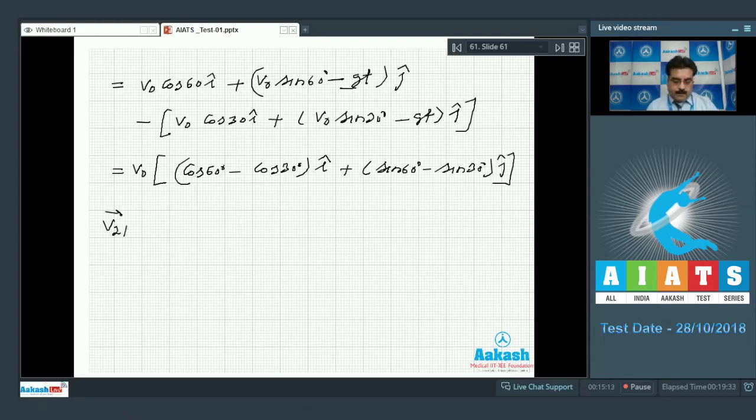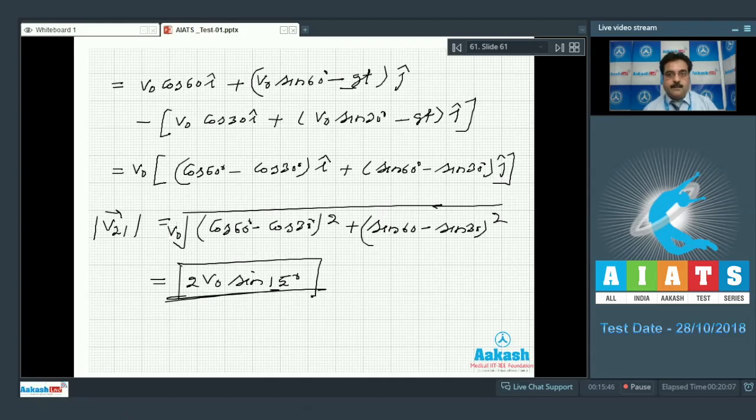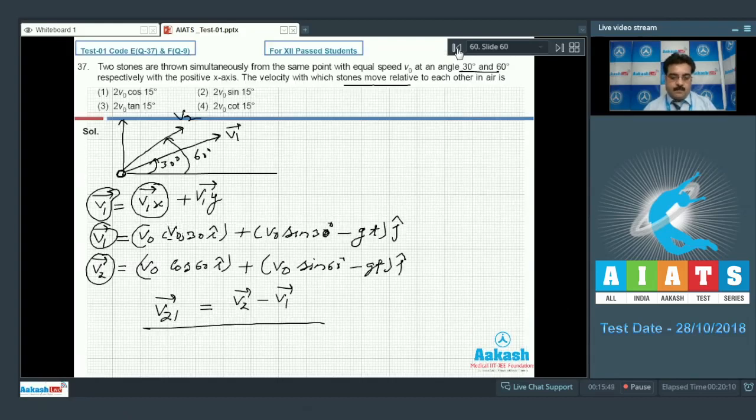If I go for the magnitude, we'll get v naught times the square root of cos 60 minus cos 30 whole square plus sine 60 minus sine 30 whole square, and when you place the values and solve, you will get 2 v naught sine 15 degree, and this is my final answer. So if I see the options, option number 2 will be the right choice.